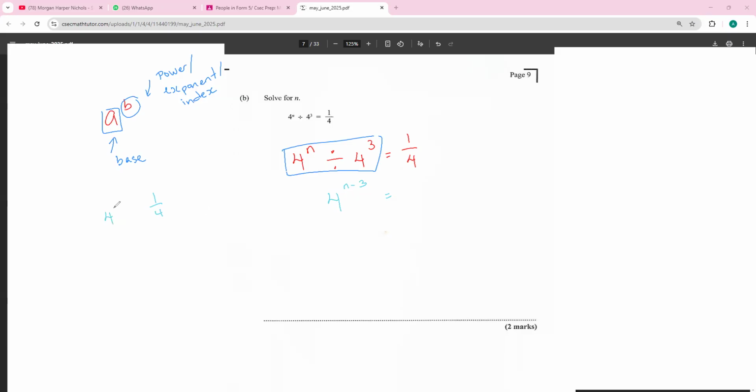So this is actually the same as saying 4 to the power of negative 1. So a negative power means that it's the reciprocal of the base raised to the same power. So I could actually rewrite this as 4 to the negative 1.